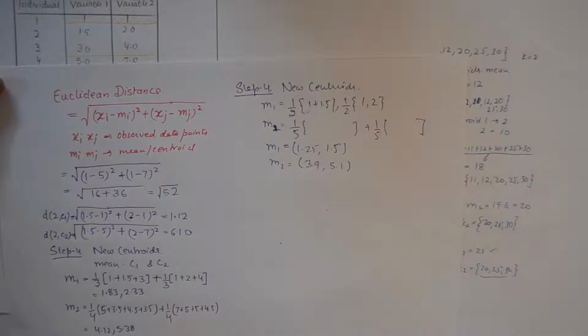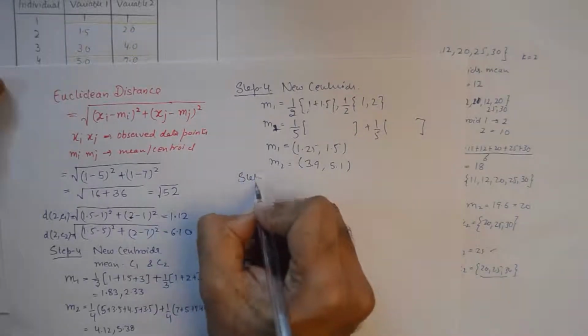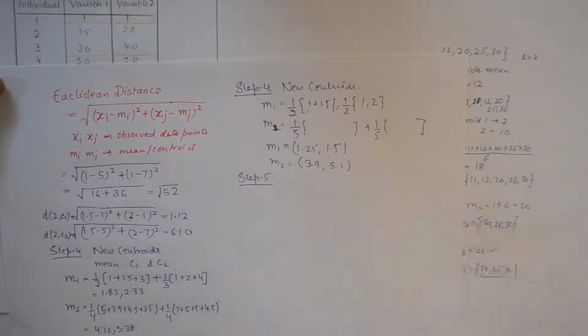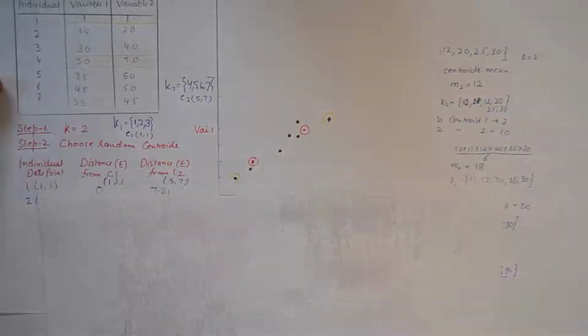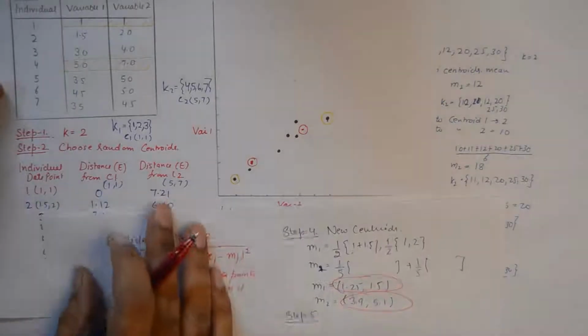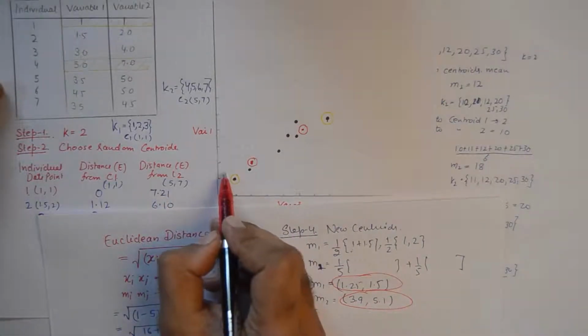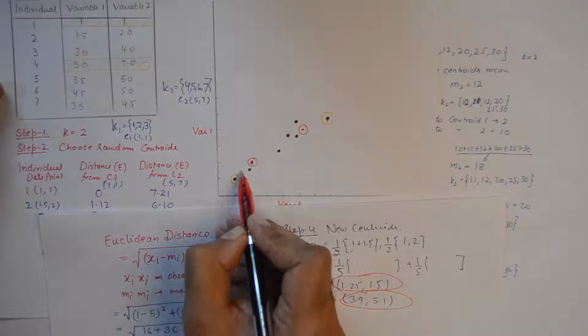Now again in step number 5, using these new centroids, you'll see that the centroid again shifts to 1.25 and 1.5 somewhere here.